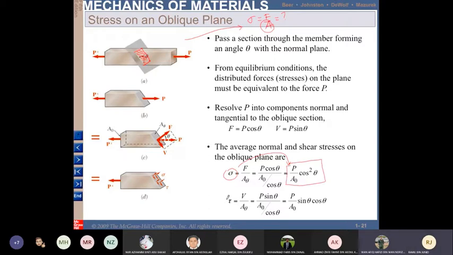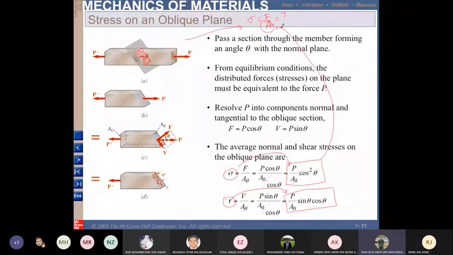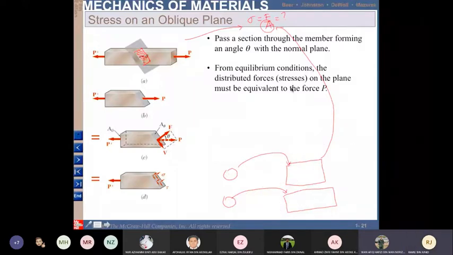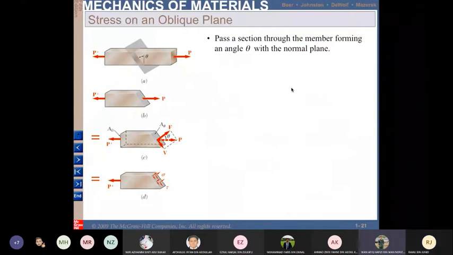And for the case of shear stress, tau is equal to force over A original sin theta cos theta. So it's not the same as this anymore. Faham tak? So how does this change occur? Let's have a look.